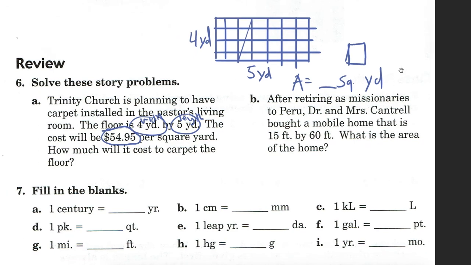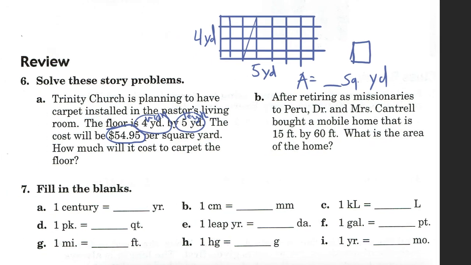So if one of the carpet pieces, let me color that in, make it look more like carpet. This square carpet piece here, just for 1 square, costs $54.95. Yeah, that's expensive. Per square yard.